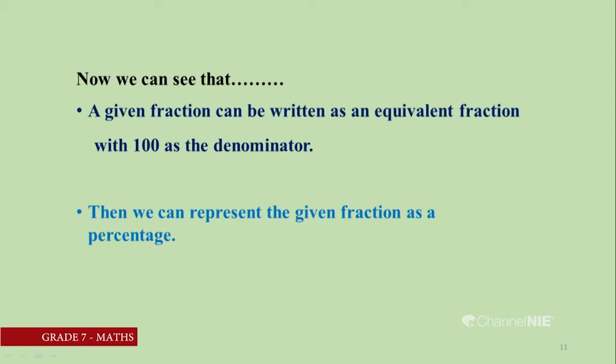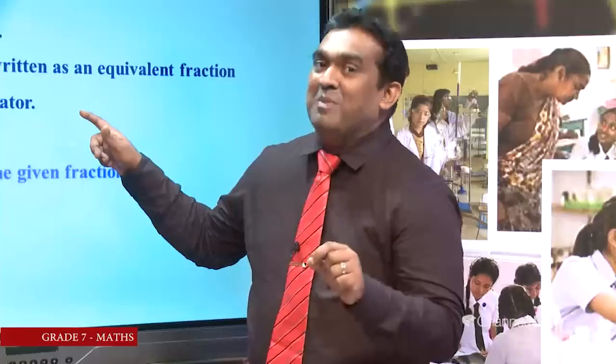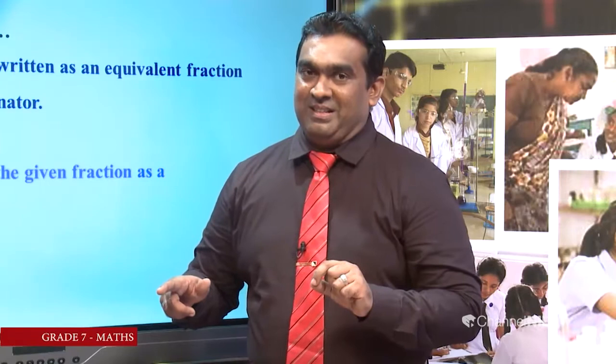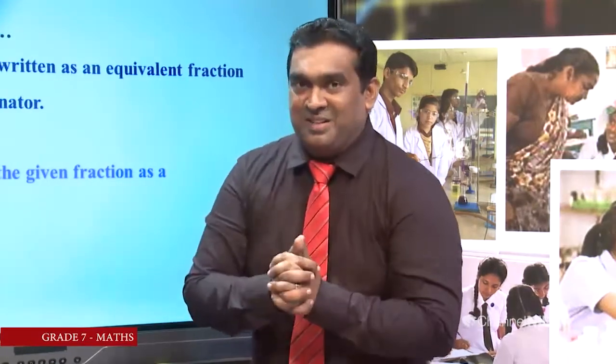Now we can see that there is a conclusion, observation. The concept, what is that? A given fraction can be written as an equivalent fraction. As an equivalent means multiplying the numerator and the denominator by a same number. The same number for getting 100.